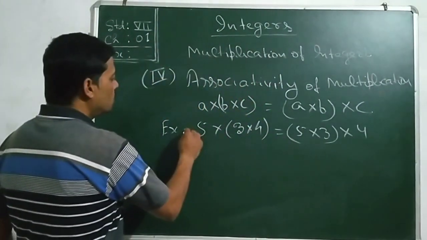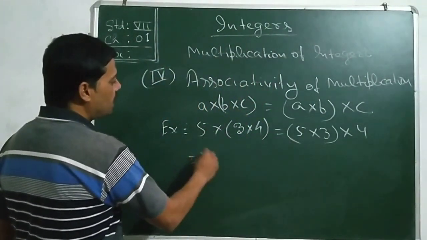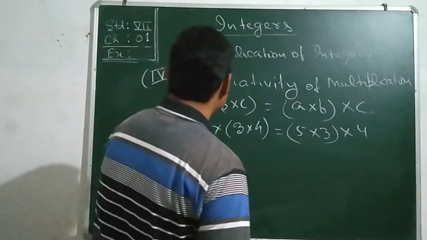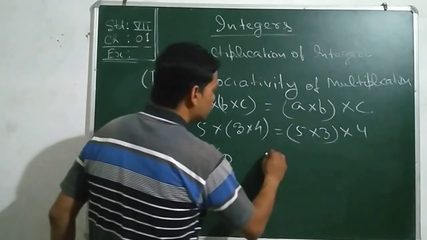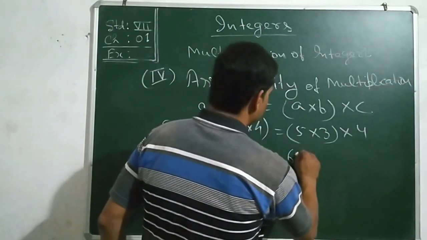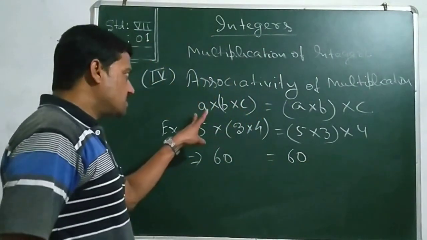Calculate both sides. You will get 60 equal to 60.